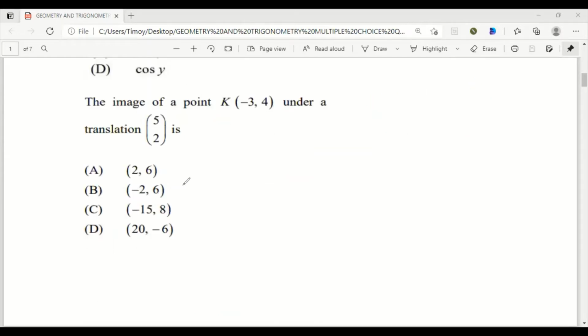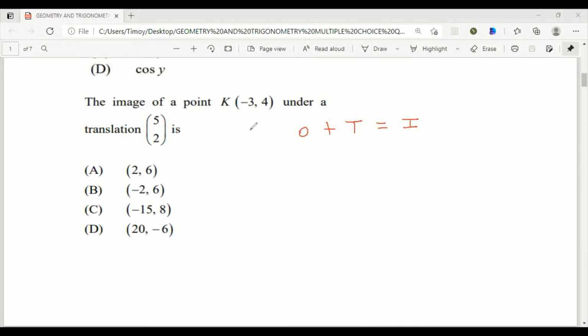So our next question, it says the image of a point K, -3, 4, under a translation 5, 2 is, what do we know? We know that the object plus the translation vector must equal the image.